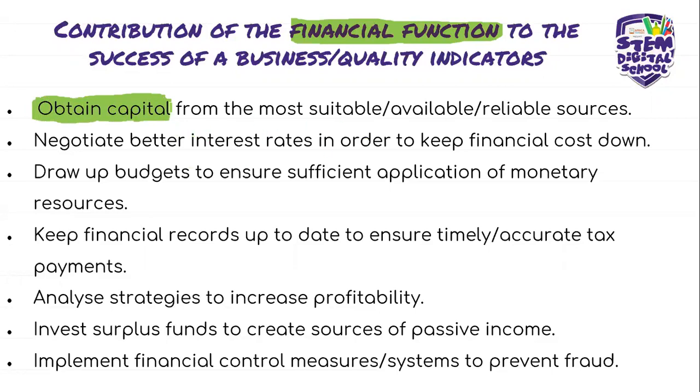So you can only issue out shares if you're a company. But let's say you're a partnership or a sole proprietor, you can always borrow a loan from the most suitable, available, reliable source. Financial institutions do give people or businesses loans.